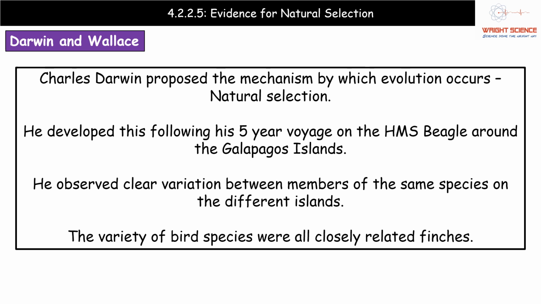What he was able to ascertain from all of this observation work was that there was clear variation between members of the same species on these different islands. So he then came up with this idea that the variety of bird species were all actually closely related finches.